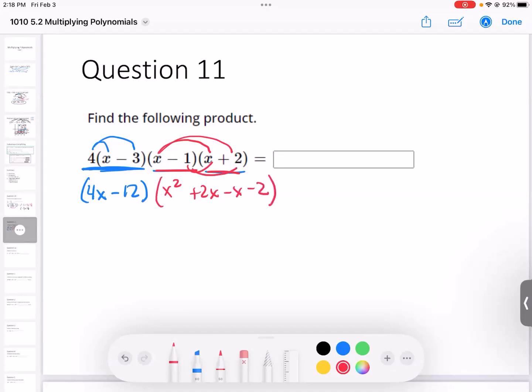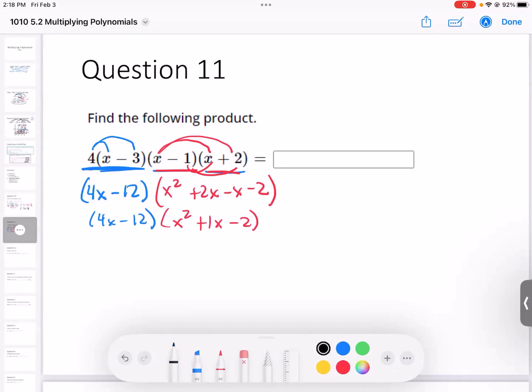And that's my second polynomial multiplied together. And that can actually be simplified further because 2 x's minus an x is just a positive 1x. So I can simplify that a little further. But I'm still not done multiplying because I have these two polynomials that need to be multiplied together.